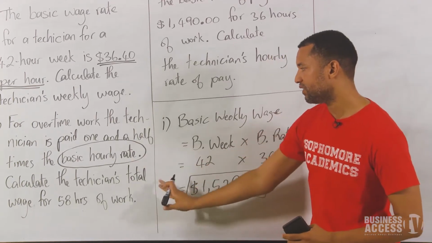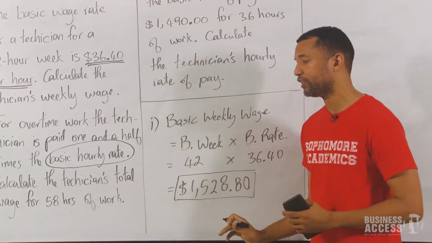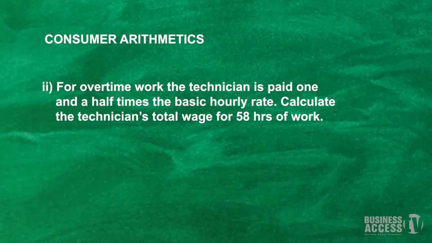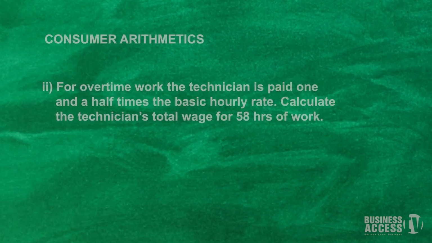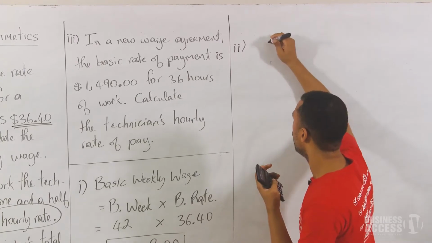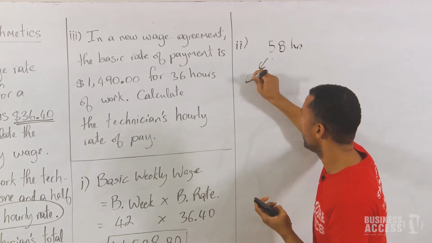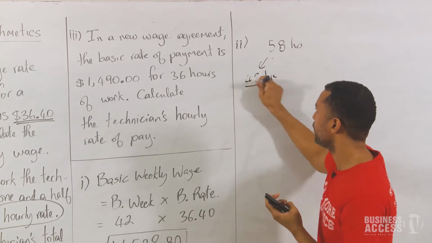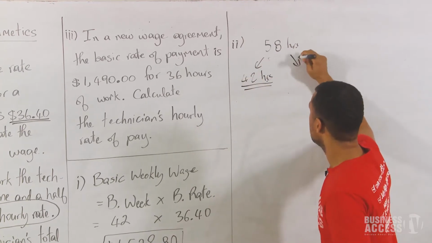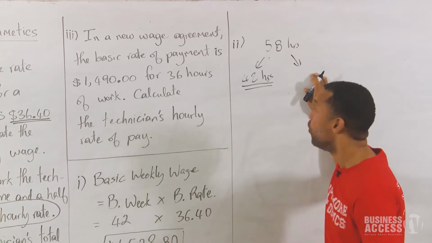It says to calculate the technician's total wage for 58 hours of work. This week, he worked 58 hours. Let me write that down. The 58 hours would be broken down into his 42 hours, which is his basic week. So how many hours of this is actually overtime?